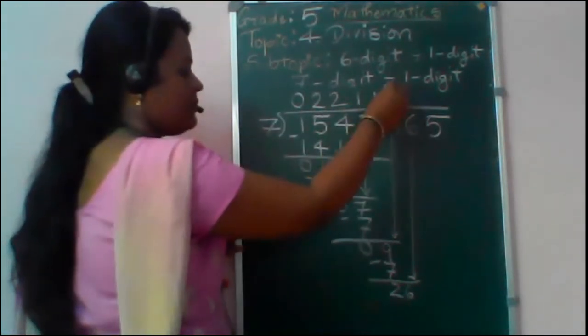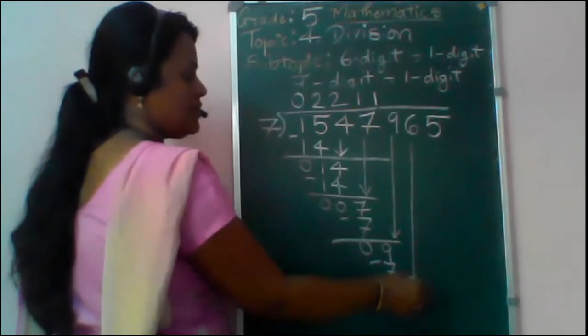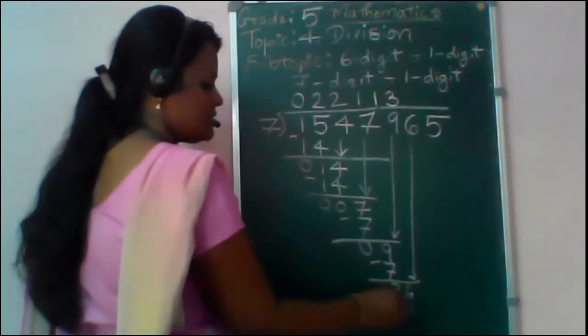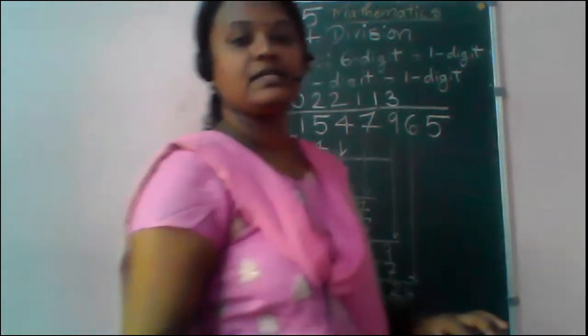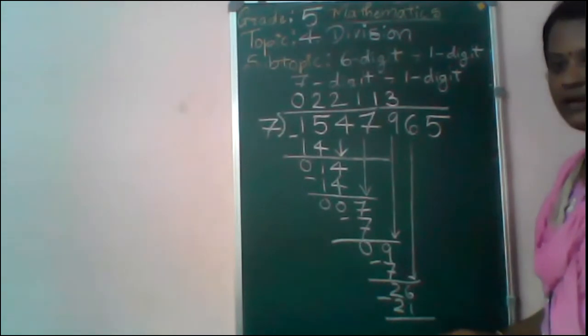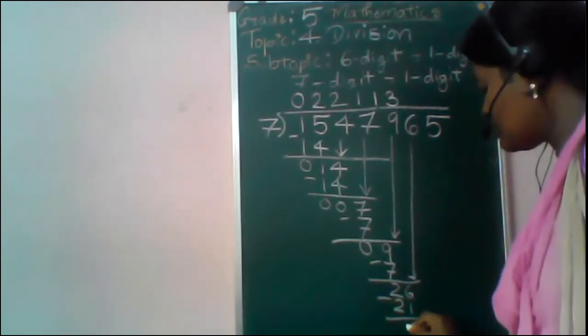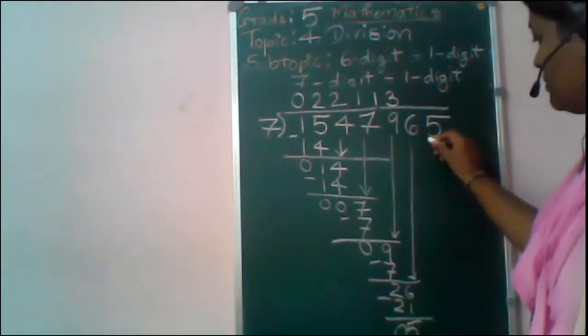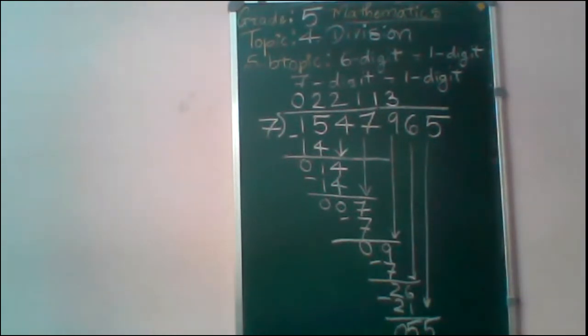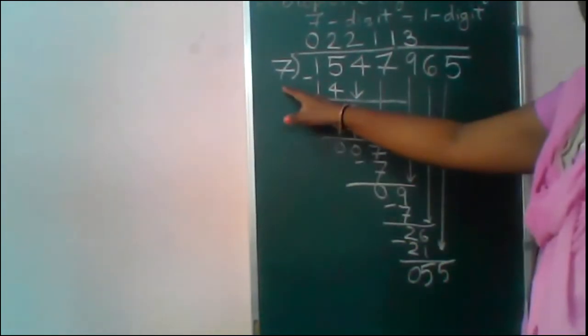26 is to be divided by 7. How much are 26? 7 threes are 21. Since 7 threes are 21, and 7 fours are 28, the least one is 21. Then we subtract, bring down the next digit 5. Now look at the number 55 and make out the next quotient such that 55 is divided by 7.